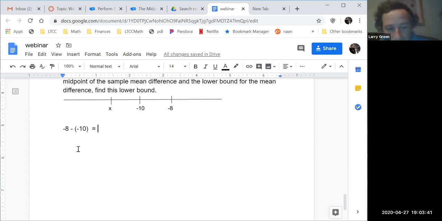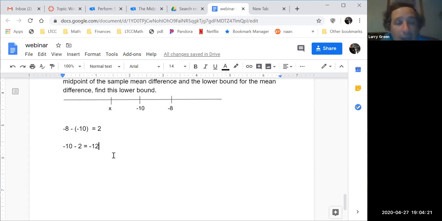Yeah, 2. That means that if I want to get to X, I take -10 and subtract 2 because I have to go left 2. So I take -10 minus 2. This is why we spend all that time practicing arithmetic: -12. So the lower bound for the estimate is -12.